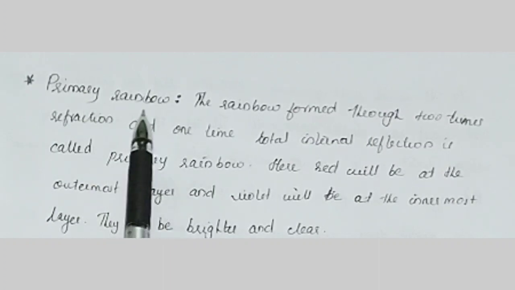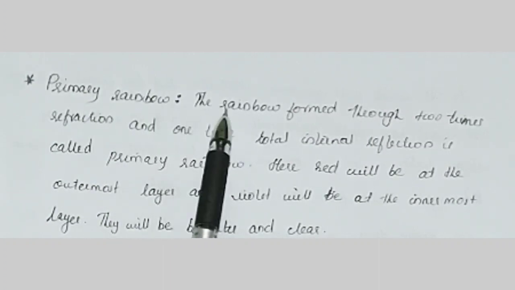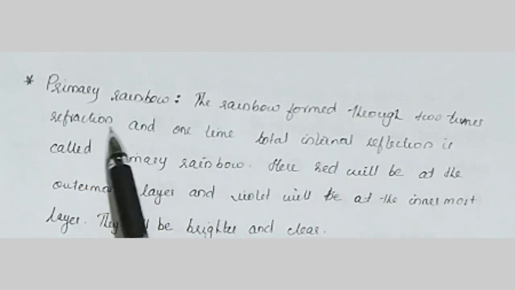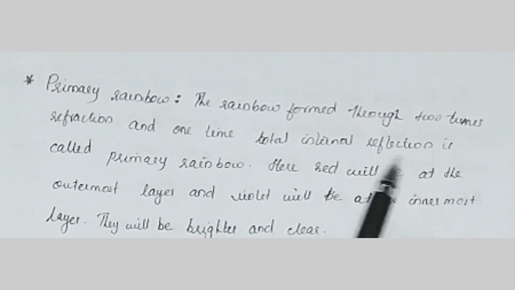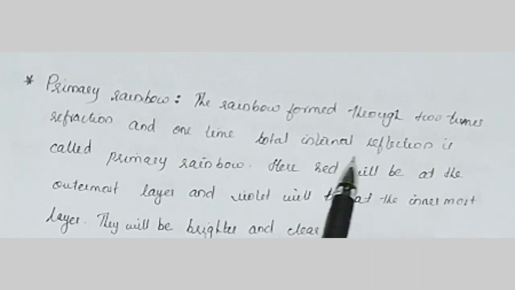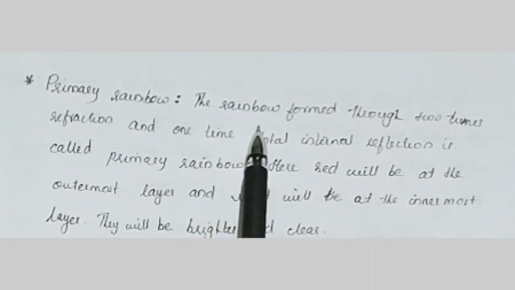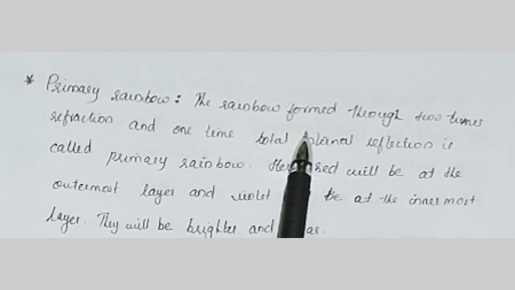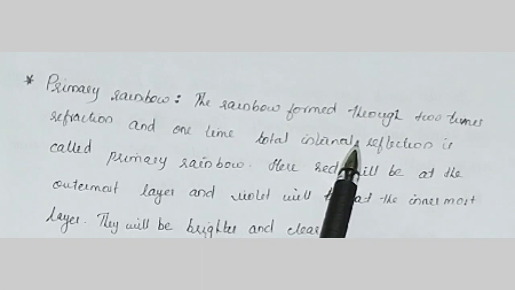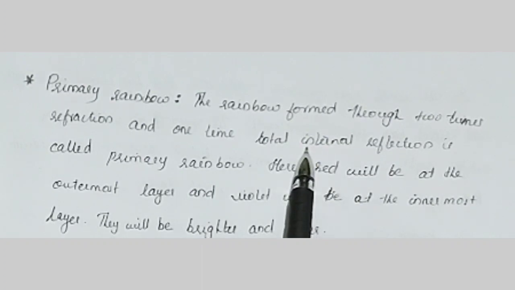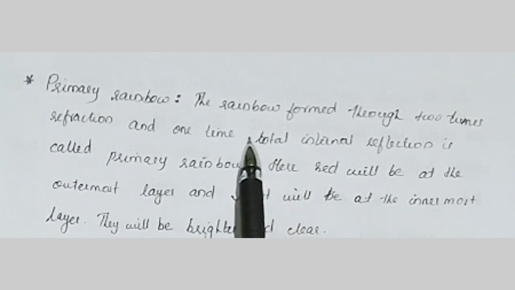Primary rainbow is the one that we just saw, that is the rainbow formed through 2 times of refraction and 1 time of total internal reflection. So as we have already discussed in the previous figure, the sunlight once entering the water drop undergoes refraction, and it undergoes total internal reflection on the inner surface of the raindrop, and on emerging out of the raindrop it undergoes refraction again.